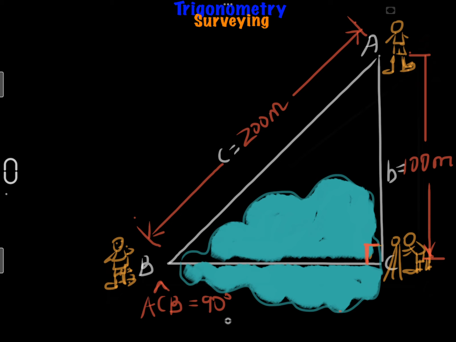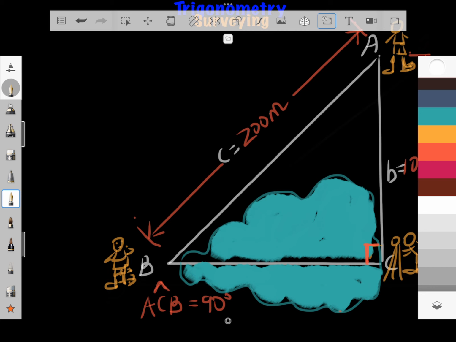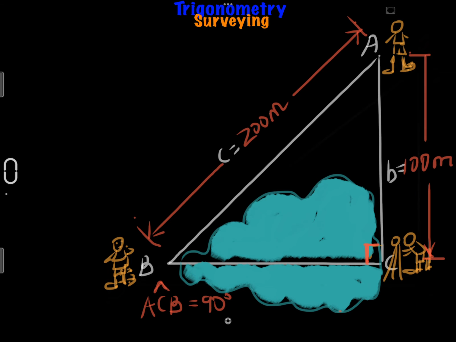So now all we need to do is find side BC, in other words, from here to here, from this point to that other point across, basically. So let me indicate the side that we need to find.